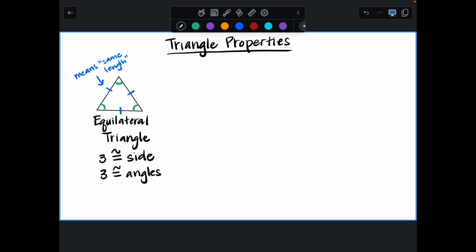So similarly, those little curved lines in the angles tell you that all three angles are the same. In an equilateral triangle, it will always be 60, 60, 60.